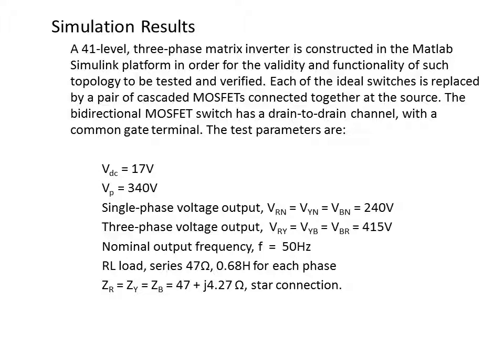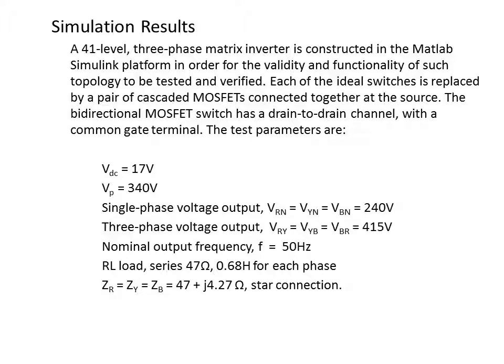The test parameters are VDC equivalent to 17 volt each, so that we can get VP equivalent to 340 volt. This will bring us to a single phase voltage output VRN equals VYN equals VBN equals 240 volt.